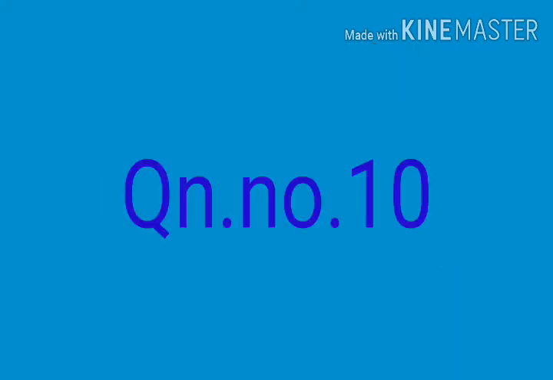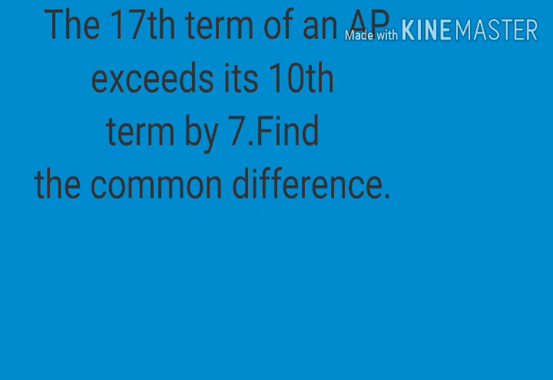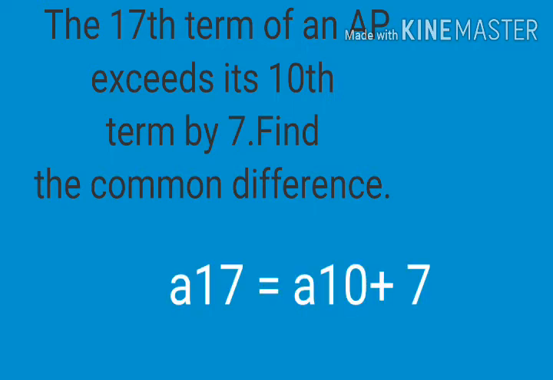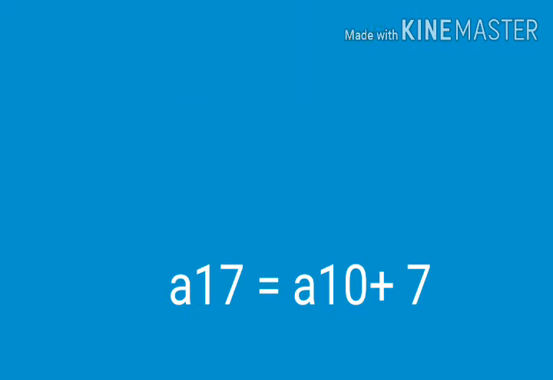Next question is question number 10. The 17th term of an AP exceeds its 10th term by 7. Find a common difference. So here 17th term of an AP equal 10th term of the AP plus 7. Exceeds means more, that means plus.